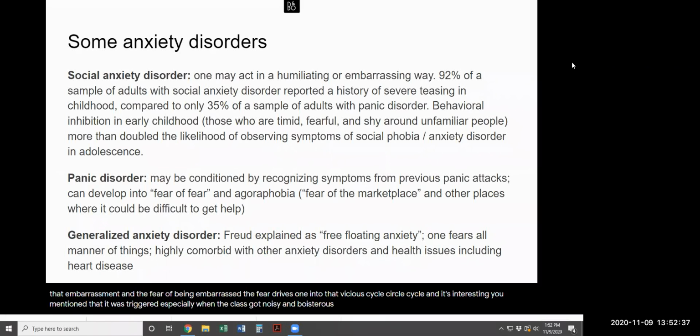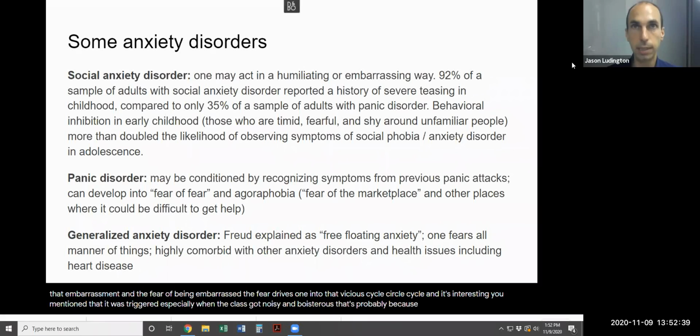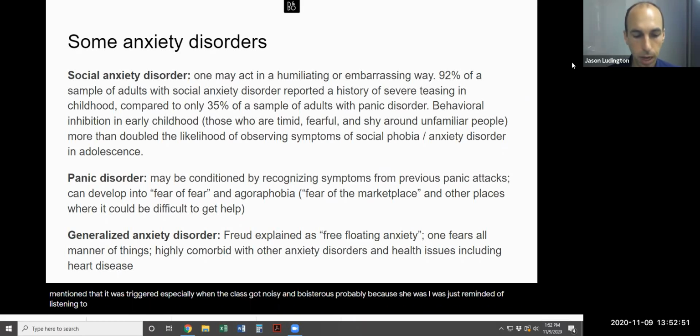That's probably because I was just reminded of listening to some talks yesterday, how different people have different thresholds of sensitivity to stimulation. Some people need a lot of stimulation to be comfortable, and some people need only a little.